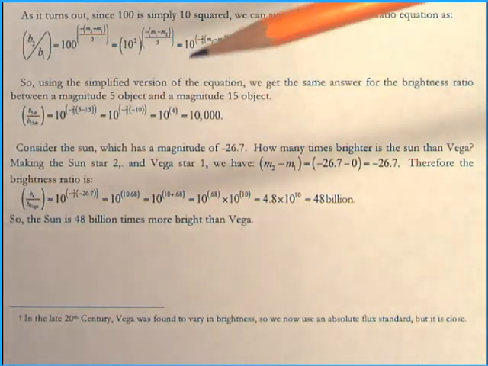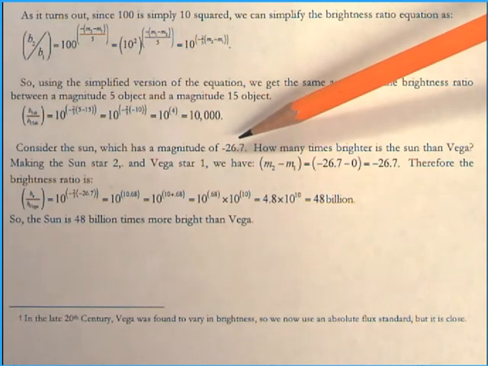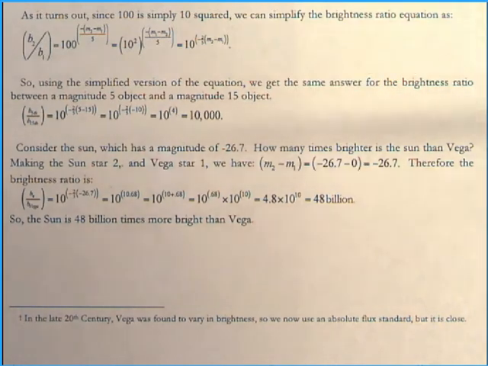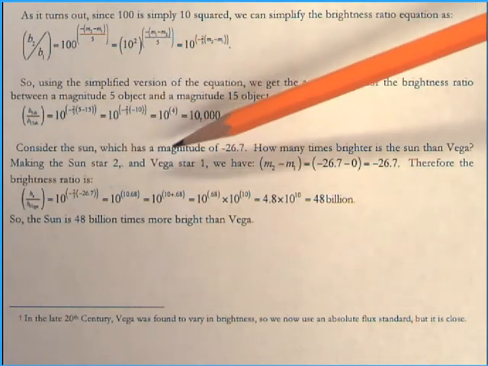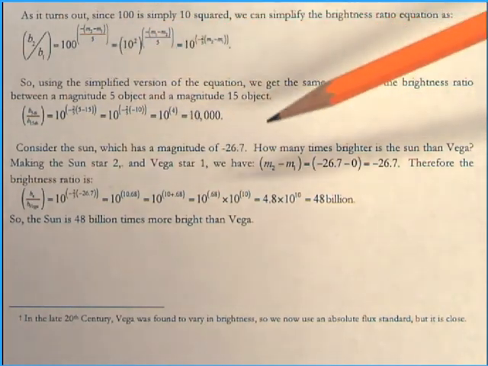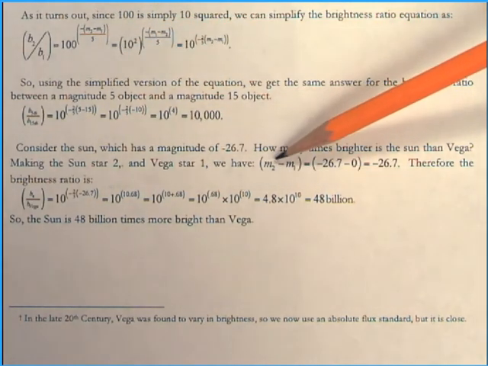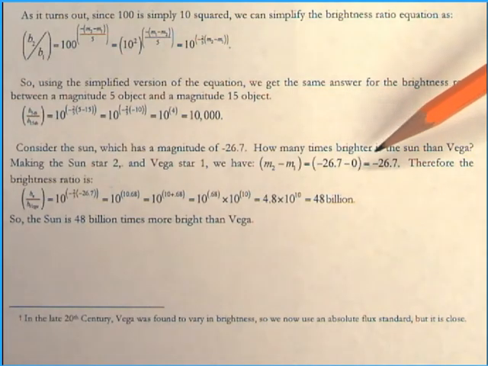So as an example, consider the Sun, which has a magnitude of negative 26.7. How many times brighter is the Sun than Vega? Well, making the Sun star 2 and Vega star 1 in our equation up here, we have M2 minus M1 is negative 26.7 minus 0, or negative 26.7.